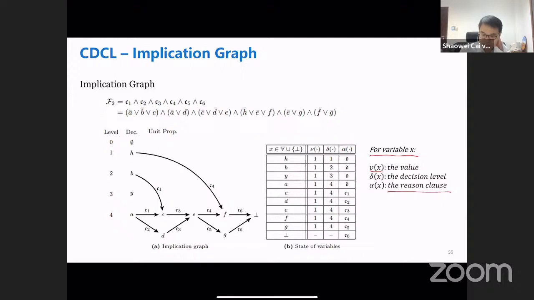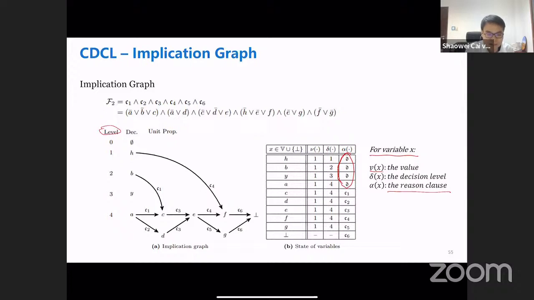And if the value of the variable is picked by heuristic, then its reason is just denoted by some special number. And now we can organize the picture in a clear way to help us understand the level.